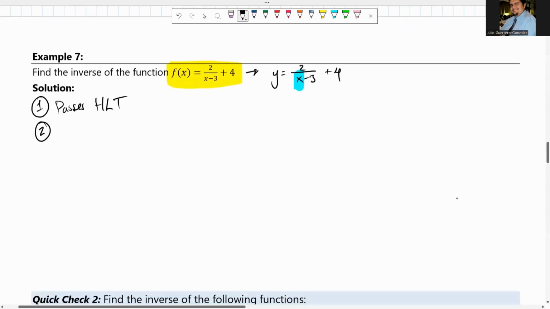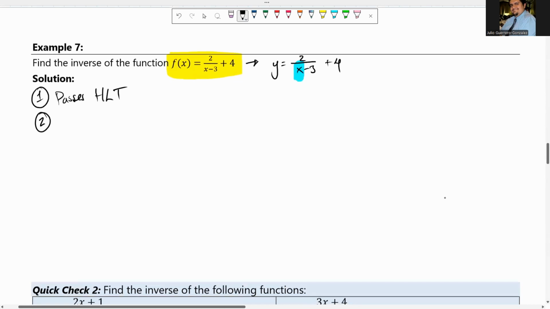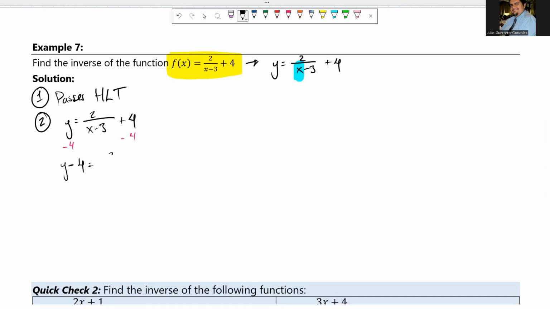So I'm going to rewrite it really quick. y is equal to 2 over x minus 3 plus 4. I need to get my x by itself. I'm going to subtract 4 on both sides. I get left with y minus 4 is equal to 2 over x minus 3.